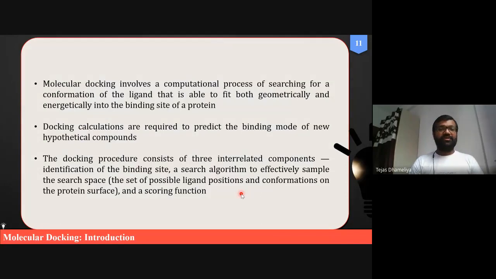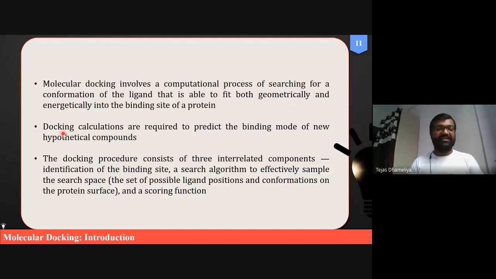And here we have also discussed molecular docking, which is a process that involves a computational search of a particular conformation for a ligand which fits well, geometrically and energetically, into the binding site of the protein. So that we have discussed, the definitions.